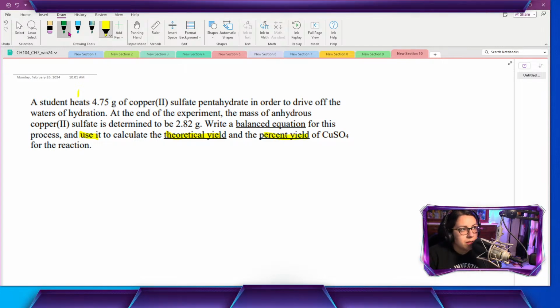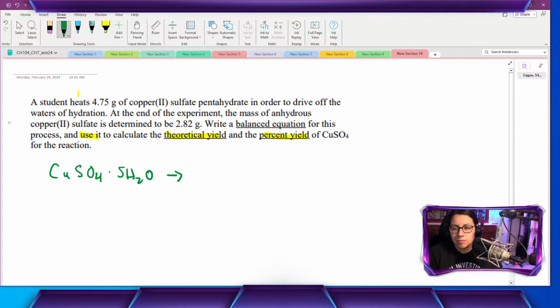And so let's think about this. I think some people didn't really start off by writing a balanced equation first, and that's what we needed to do, thinking about what this process is. So we have copper sulfate pentahydrate.